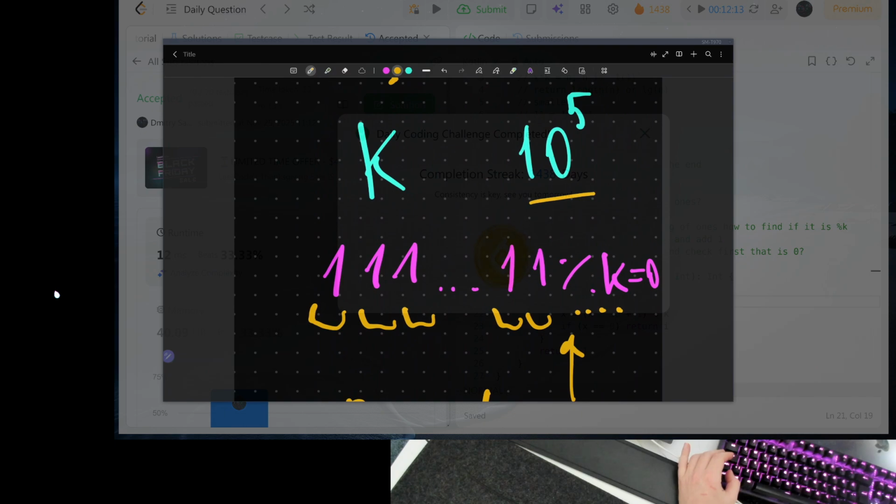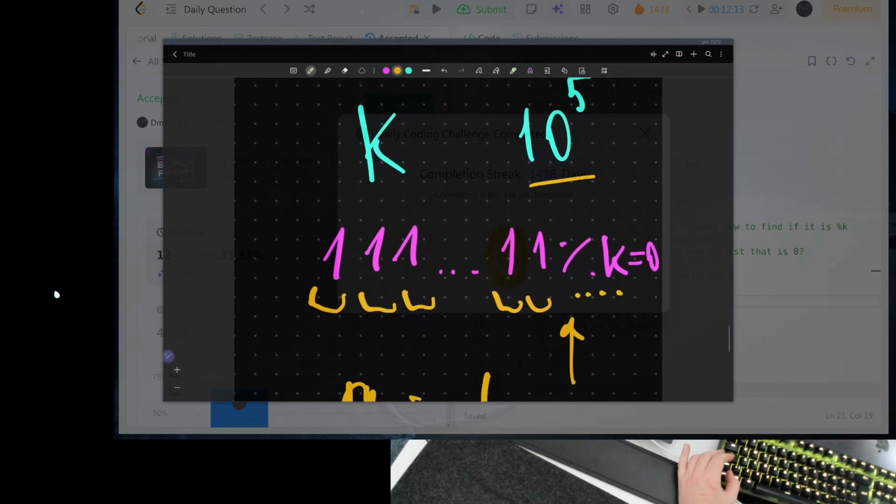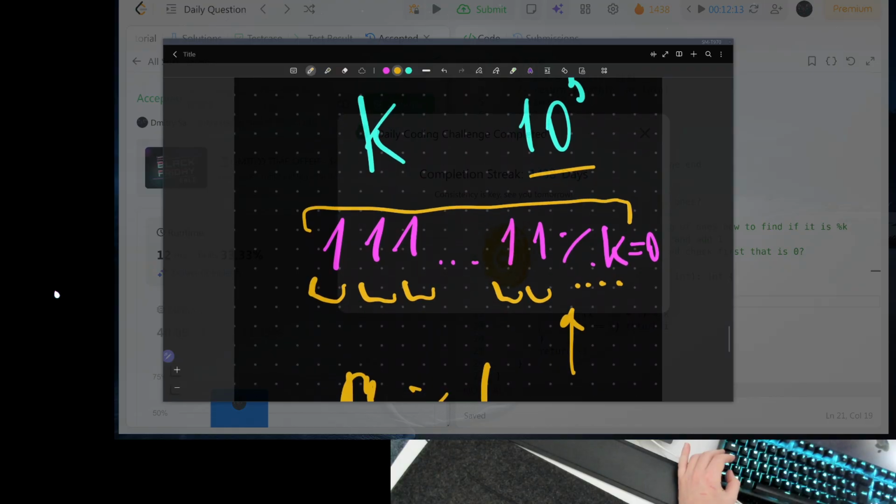So let's return to our problem. We can look at it from two angles. The first angle is how can we rewrite this modulo operation on some particular number.